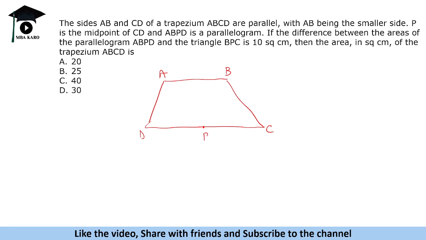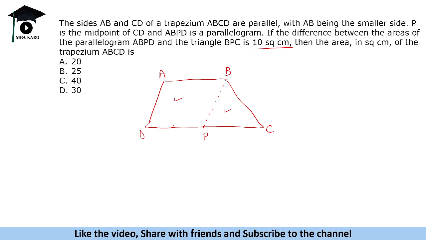So this is P. And ABPD is a parallelogram. If the difference between the areas of the parallelogram ABPD and triangle BPC is 10 square centimeter, you have to find the area of trapezium ABCD.